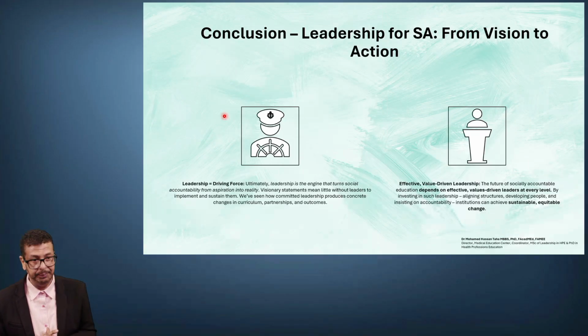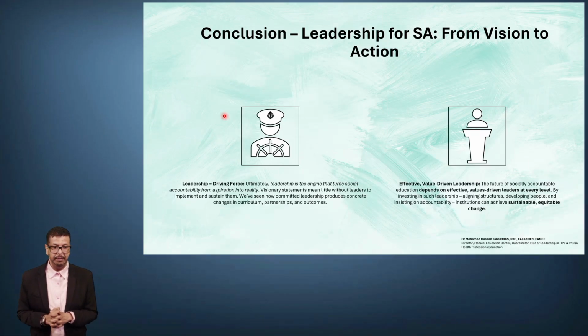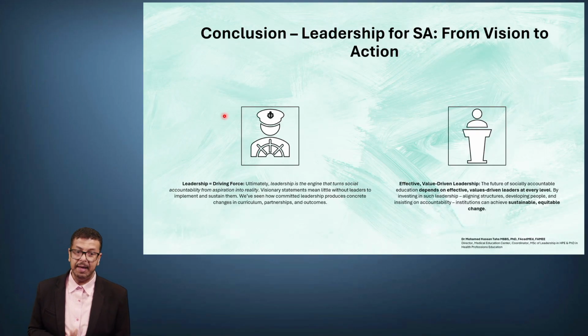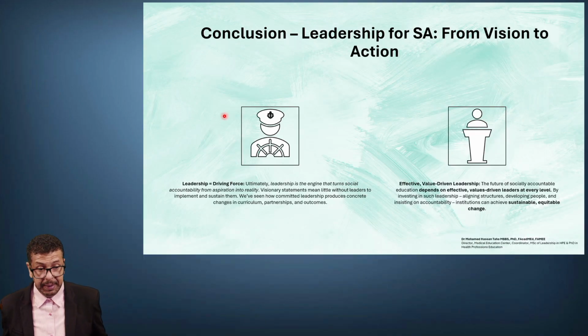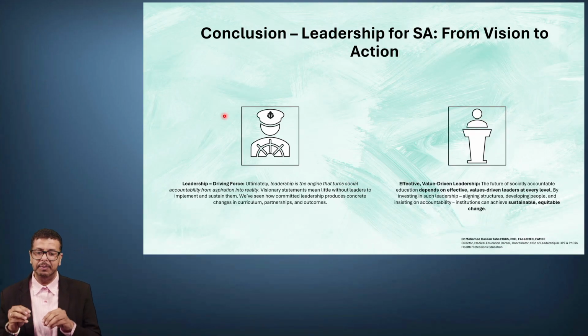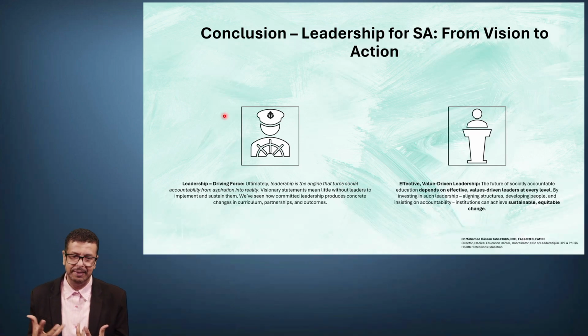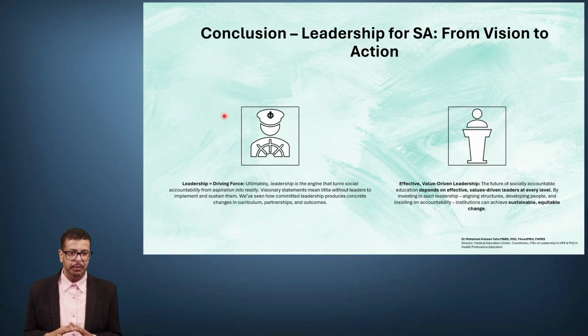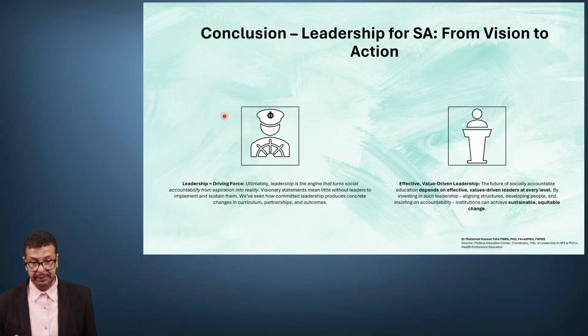In conclusion, for leadership for social accountability, we need to think from vision to action. Leadership should be considered as a driving force. Ultimately, leadership is an engine that turns social accountability from inspiration into reality. Visionary statements mean little without leaders to implement and sustain them.